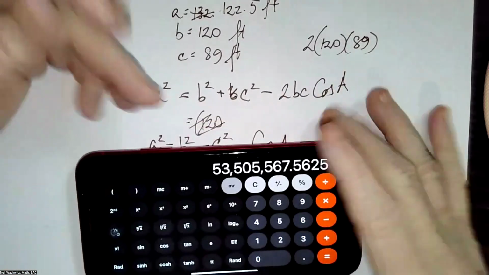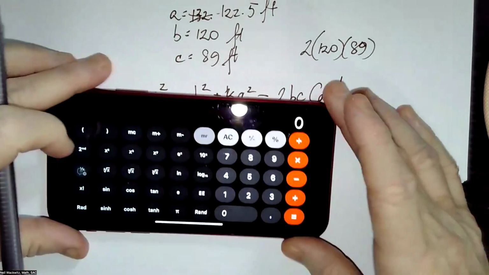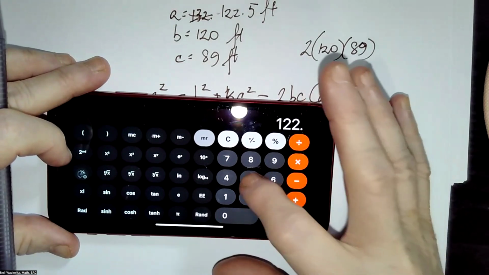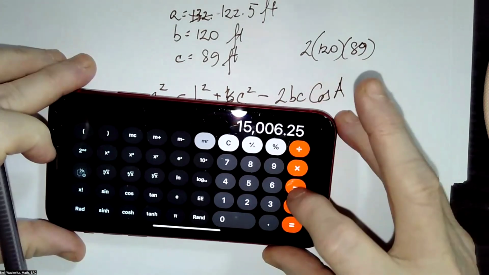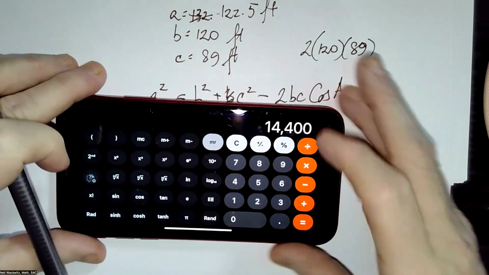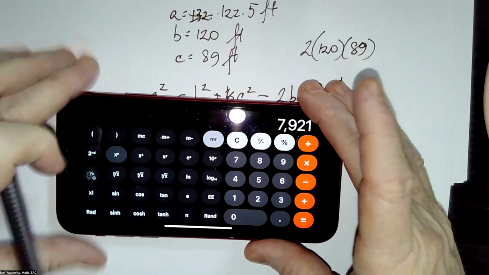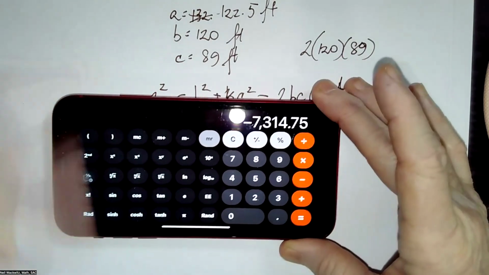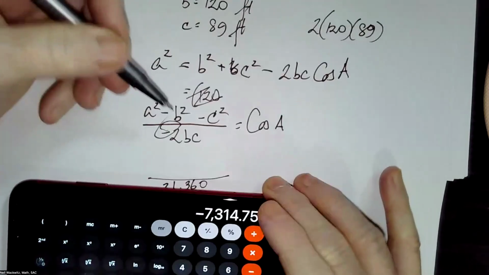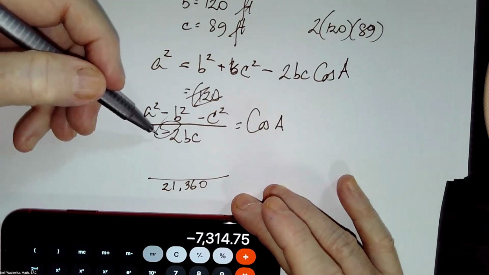And remember that, oh heck, pardon my language. So we have 122.5 squared minus 120 squared minus 89 squared equals. This is negative, but remember, we found the product 2BC. We didn't use that negative.